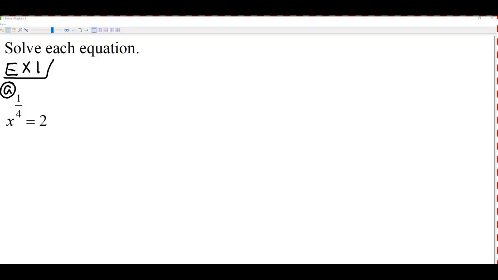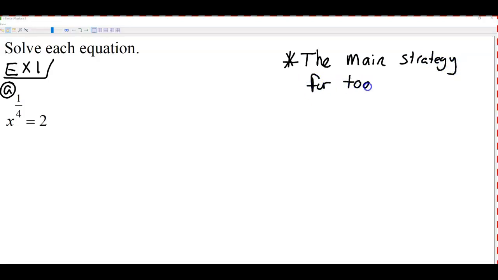So here's the main strategy for today. The new idea that we're going to be using, we'll be using it on every problem.